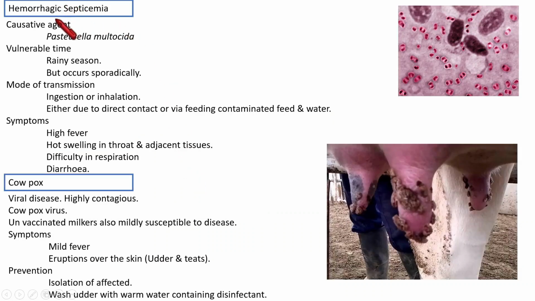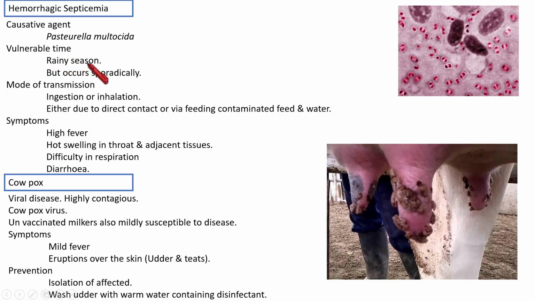Next is hemorrhagic septicemia. Which is the causative agent? Pasteurella multocida. Its picture is shown here. What is the vulnerable time for this Pasteurella multocida mediated infection? It is during the rainy season.